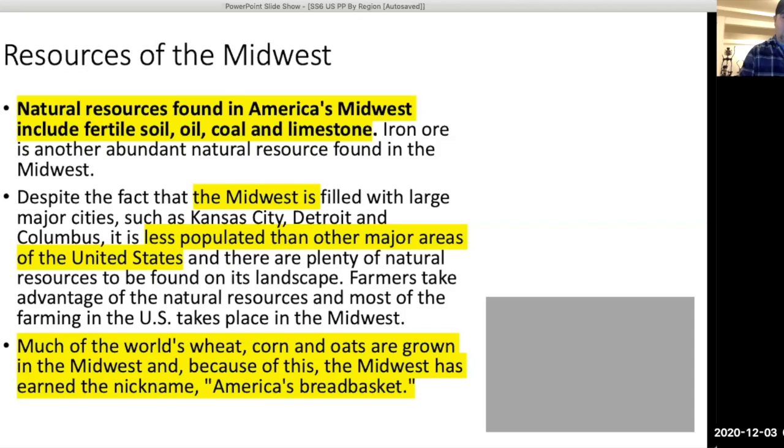I visited Illinois a couple years ago and was surprised to find out that one of its major resources was coal. Coal mining was a big thing back into the early 1900s. In the mid 1900s, we kind of slowed our coal mining in those areas.